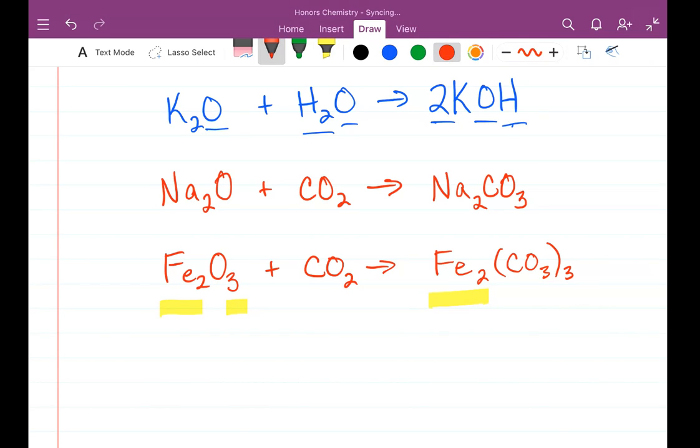And to balance it, it looks like I've got 3 carbons on the right, and only 1 on the left. So if I put a 3 there, that's going to give me 3 times 2 is 6 oxygens here, plus another 3 there. So that gives me 9 on the left, but I also have 3 times 3 is 9 on the right, and this one is balanced.